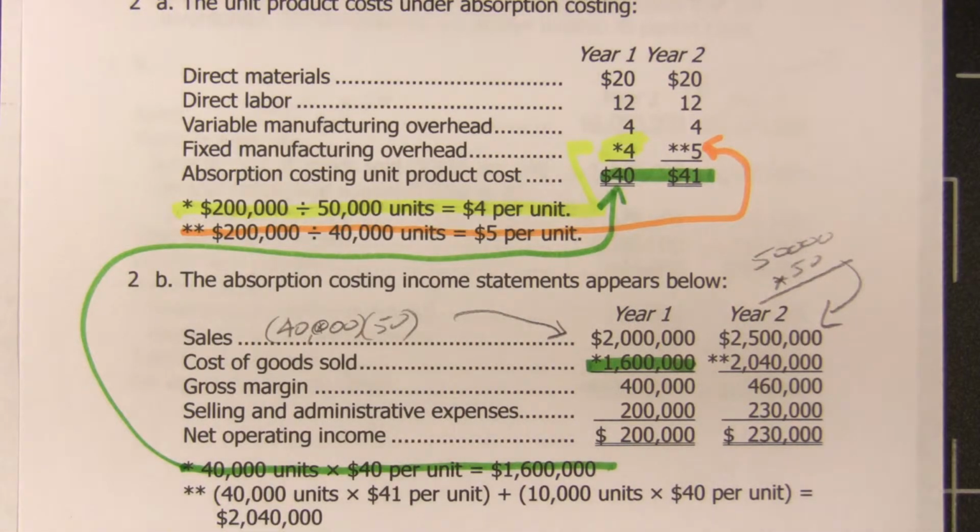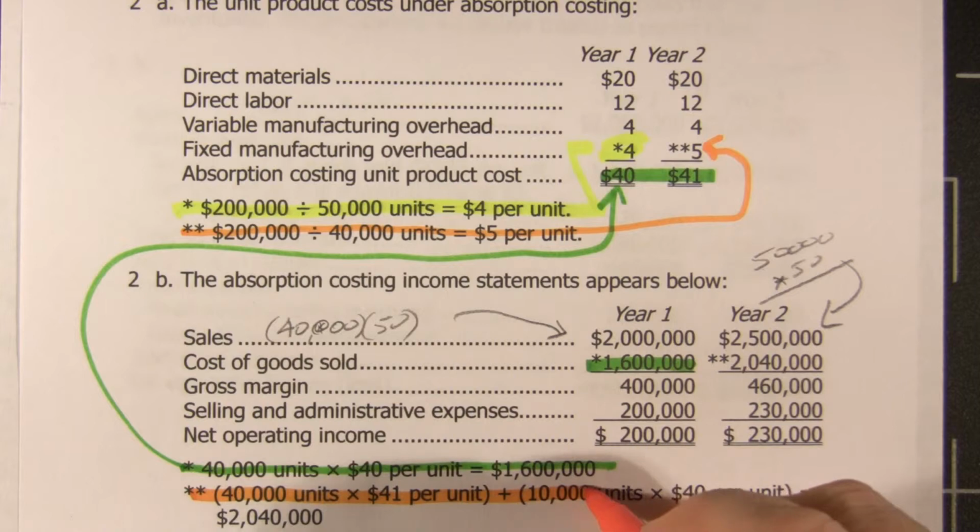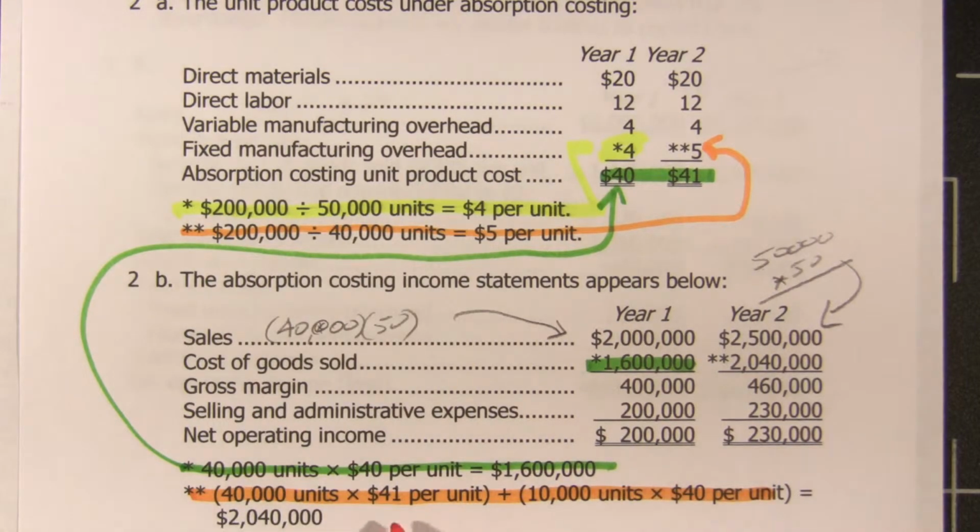Year two, the cost of goods has changed because now we have 40,000 units, the number of units sold, okay, times 41 per unit plus 10,000 units at $40 per unit. That's the trick. That's what you have to catch.